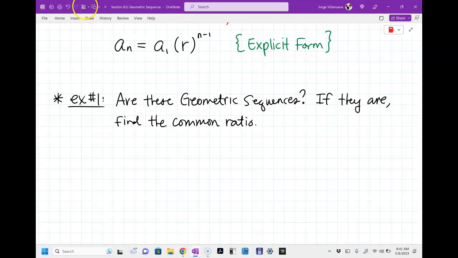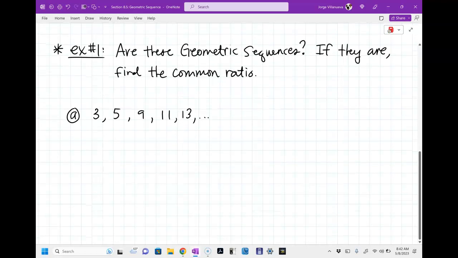So I'll give you the first one here. 3, 5, 9, 11, 13. Is this a geometric sequence? No, right? Because can I multiply 3 by 1 to get 5 or 3 by half or anything like that?